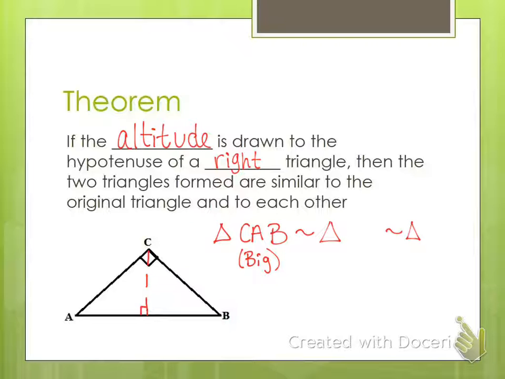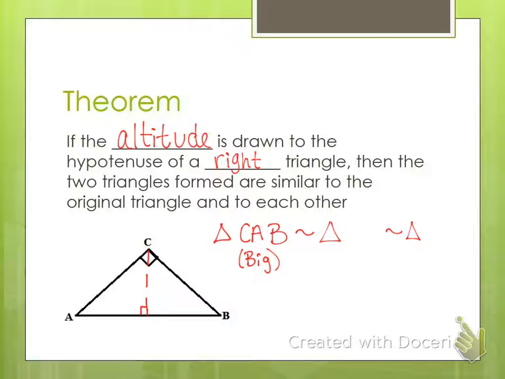The tricky part, though, is knowing which pieces match up to each other. It would be easy to match the right angles up to each other. So if we started with angle C, our right angle, both of these should then start with the right angle. Now, in order to do this, we need to name this point down here. What do you want to call it?